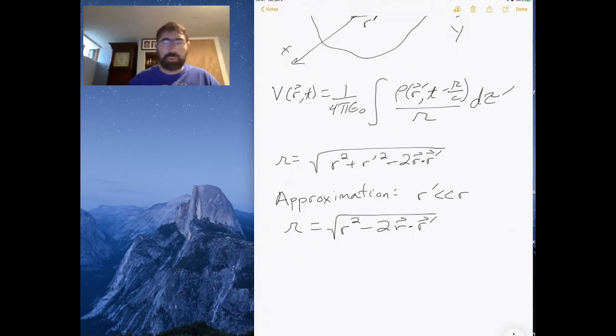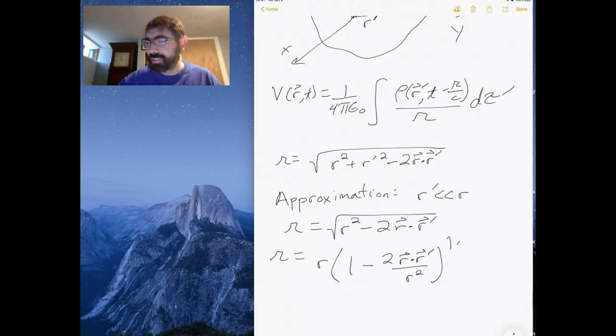If we use the binomial expansion, then what we get is, I'll factor out the r first, and then I still have to take the square root: 1 minus 2 r dot r prime over r squared.